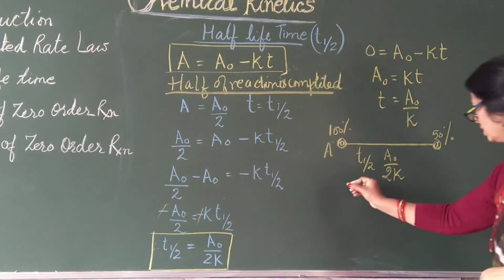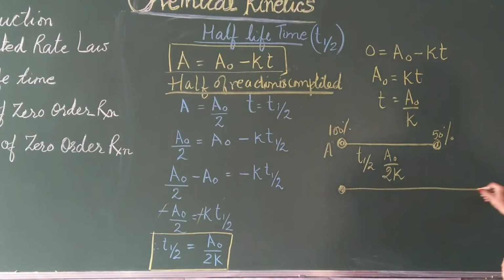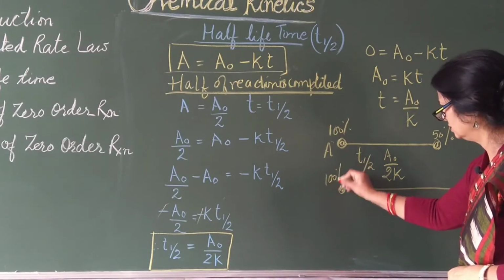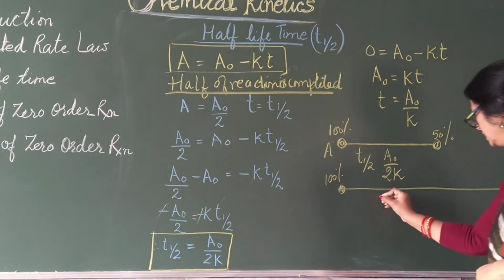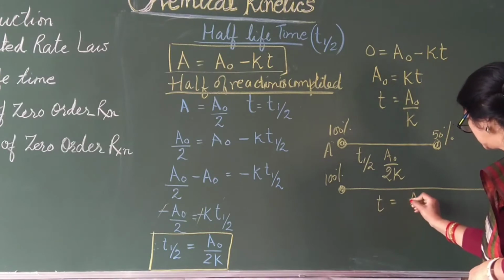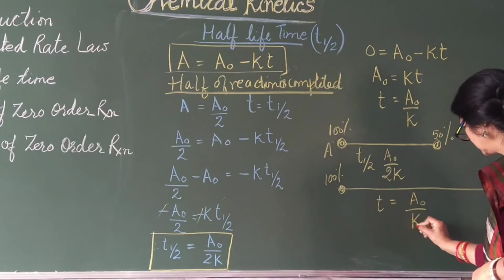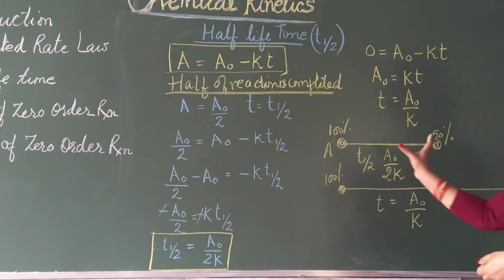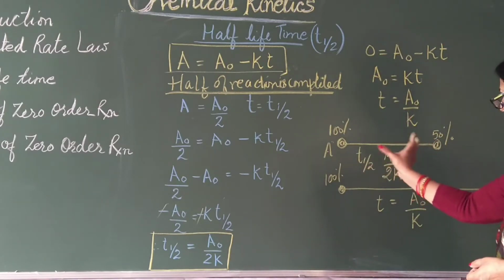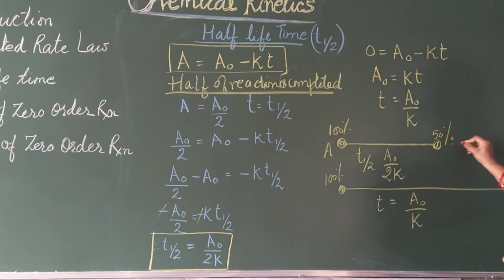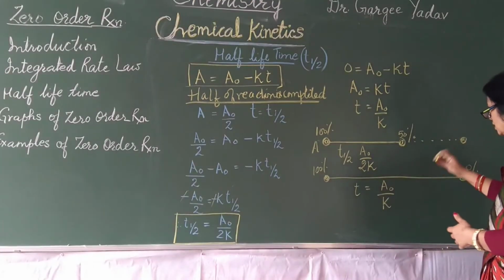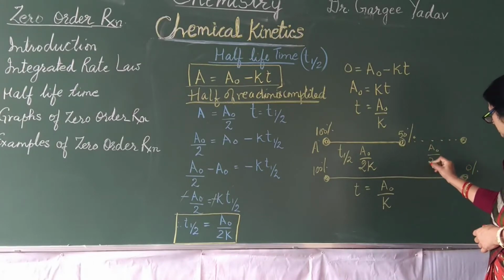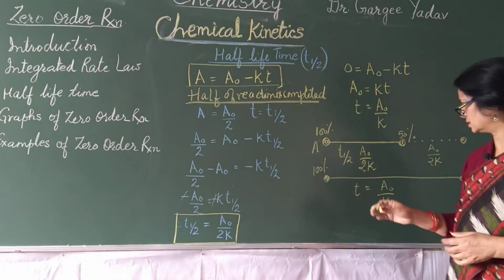And for a reaction to be 100% completed, with 0% remaining, the time taken is A naught upon k. So the total time taken will be A naught upon 2k plus A naught upon 2k.